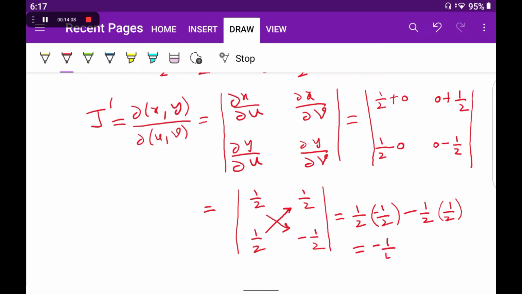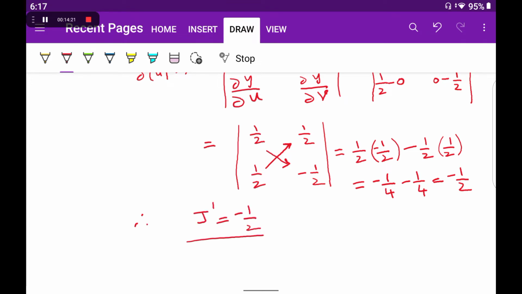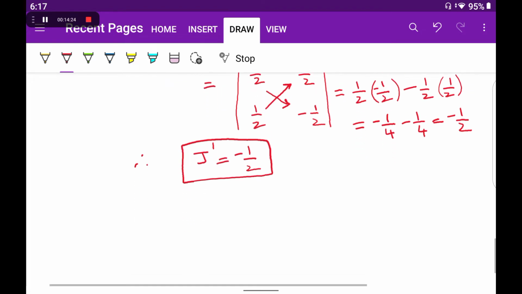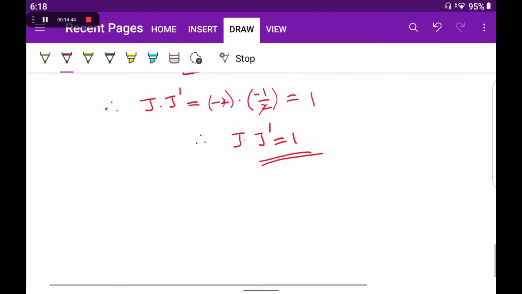It is minus 1 by 4 minus 1 by 4, which is minus 1 by 2. Therefore J dash is minus 1 by 2. Therefore J into J dash is minus 2 into minus 1 by 2. 2 gets cancelled, minus into minus is plus, we get 1. Therefore J into J dash equal to 1 is proved.